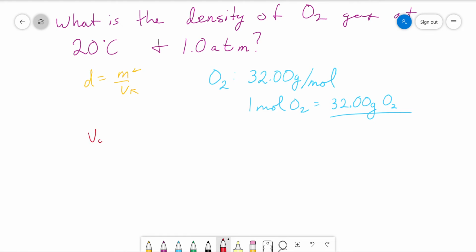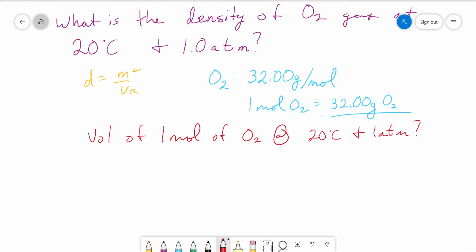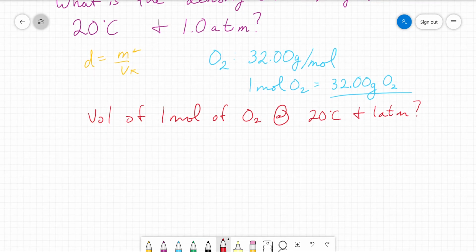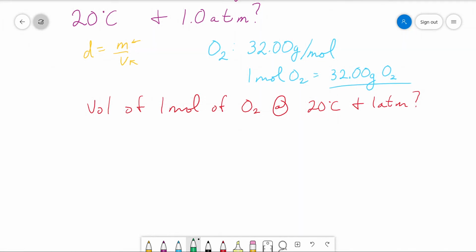What is the volume of 1 mole of O2 at 20 degrees C and 1 atmosphere? Don't tell me 22.4 because this is not STP. That's only for STP.